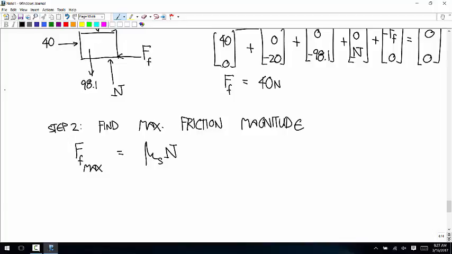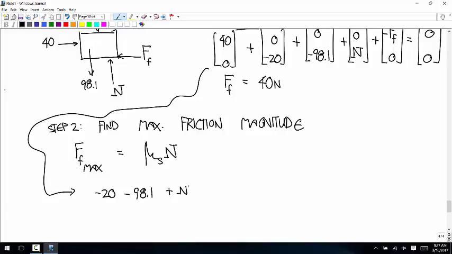We can use this second equation above to calculate the normal force: we have negative 20 minus 98.1 plus N is equal to 0. So N is equal to positive 118.1.